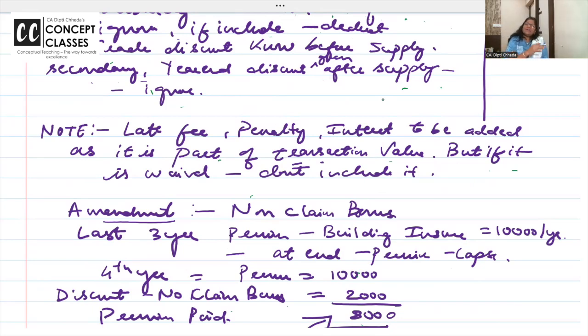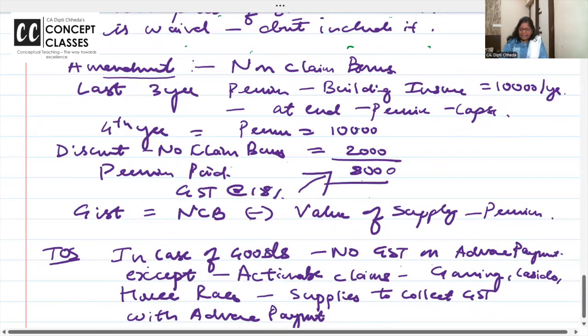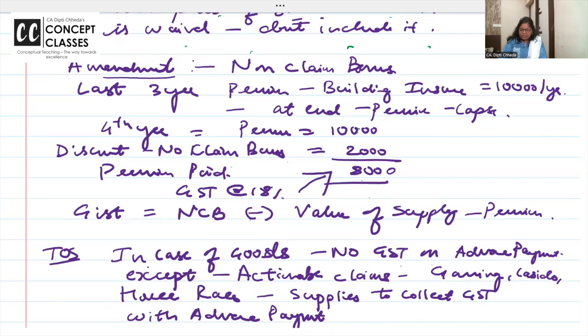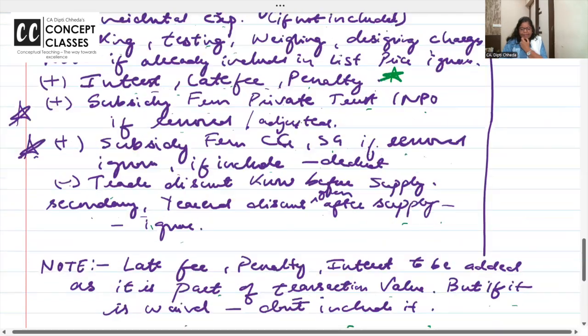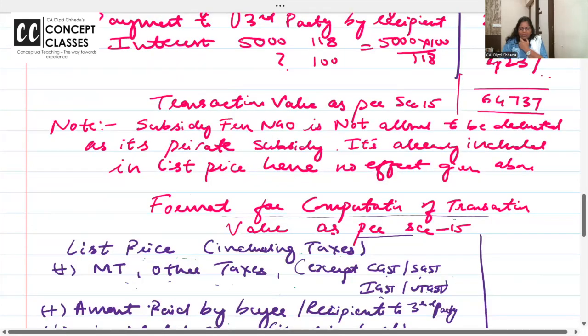But if I have charged, but then I said waive, theek hai, chalo jaane do this time. Next time, don't do it. Then if it is waived, ignore it. Right? And no claim bonus minus karke milega. So majorly all I have told you.